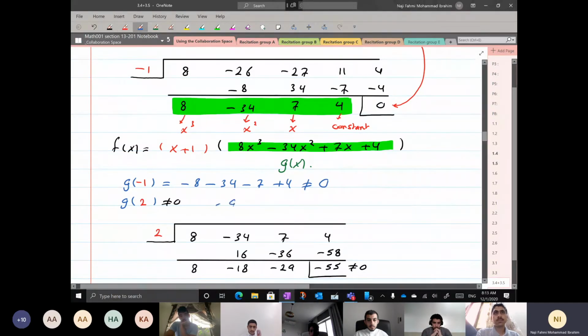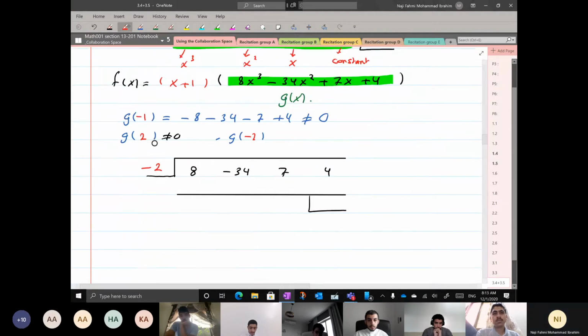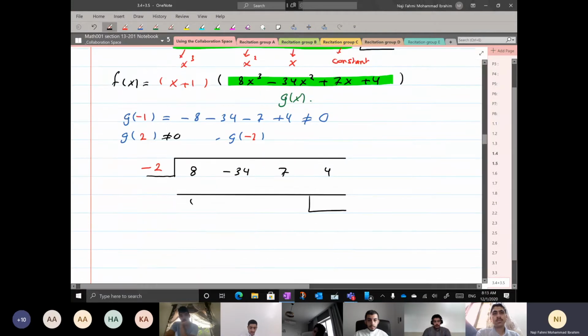Can I search for the next, which is -2? Yes. So I'm just going to use the same division, but erase the values for 2. Let's divide by -2 now. What do we have? 8, -16, -50, 100, 107.